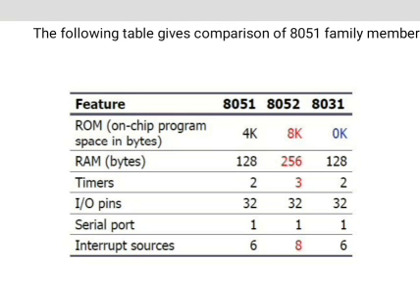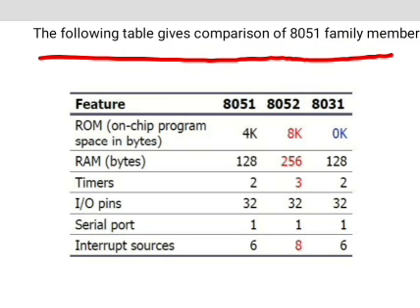Next, the following table gives the comparison of 8051 family members. These are the features of 8051, 8052 and 8031 microcontrollers. 8031 is an alternative version of 8051, but they do not have onboard read-only memory.